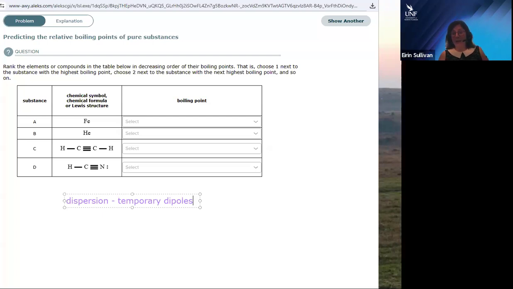Dispersion forces can actually get quite large depending on the size of the molecule, because their magnitude is proportional to the number of electrons in the molecule. So some very large molecules can display very large dispersion forces. But generally speaking, dispersion forces tend to be the least strong intermolecular forces, so substances which only have dispersion forces tend to have lower boiling points.